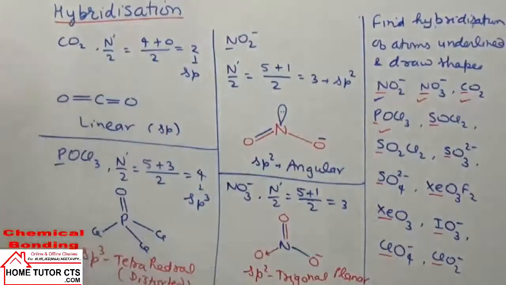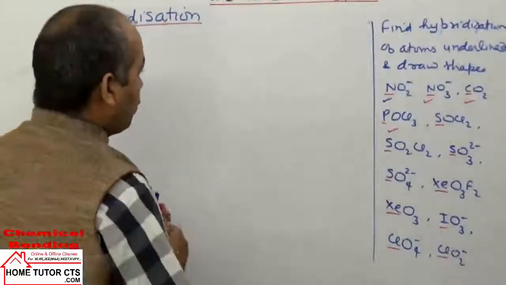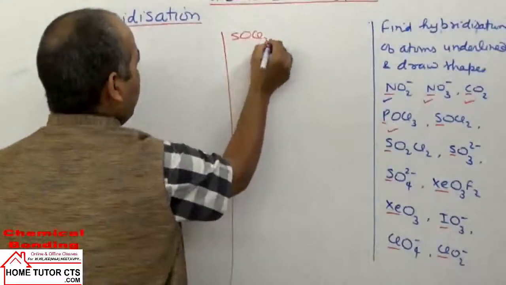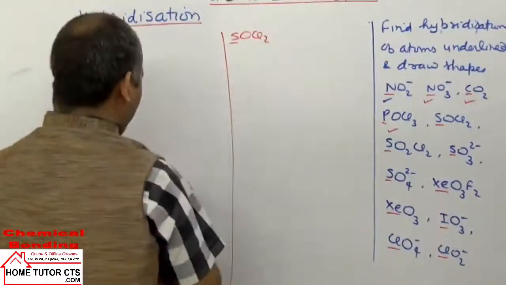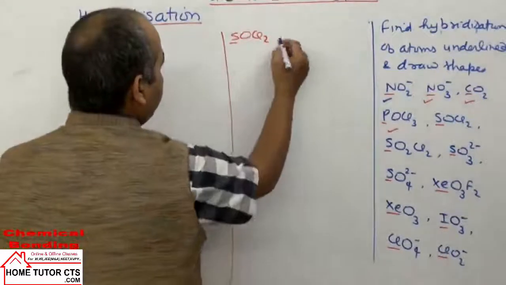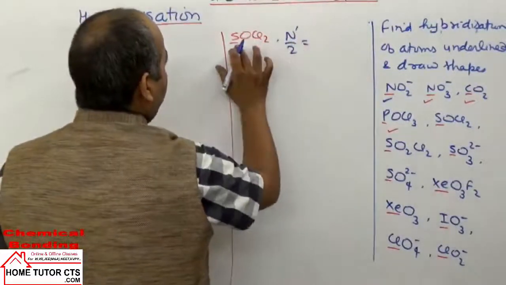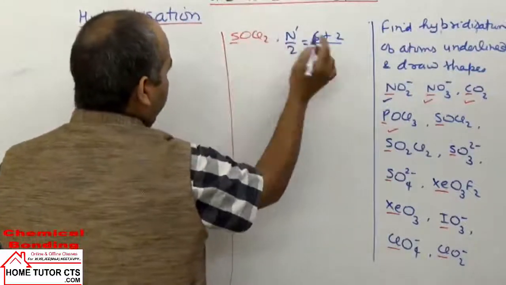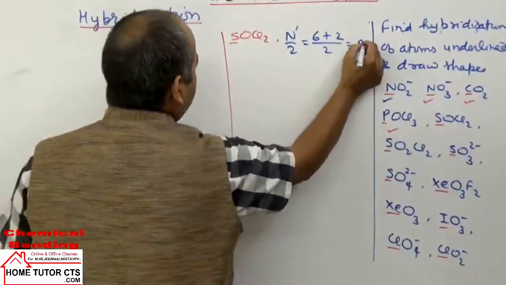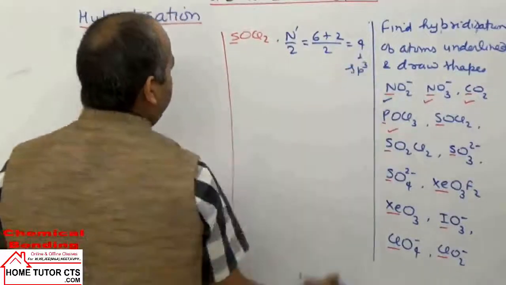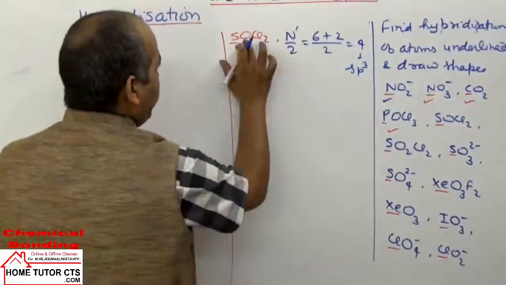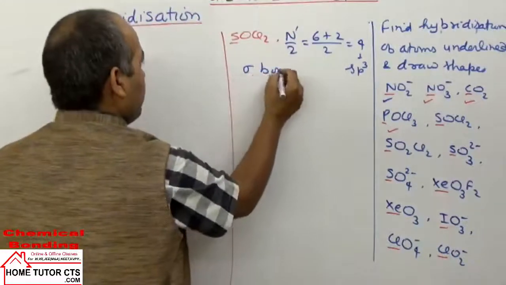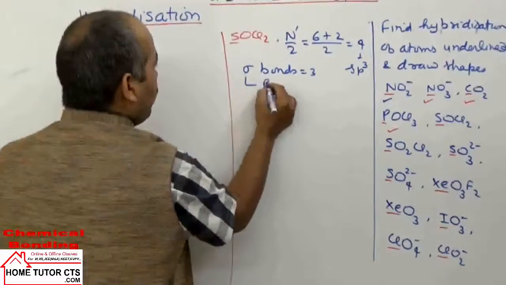Now next we can take the SOCl2 molecule. Sulfur is the central atom. What is the value of N dash by 2 here? Sulfur has 6 electrons in the valence shell plus 2 chlorine atoms, leaving oxygen being divalent, divided by 2. The number is 4, and 4 means hybridization sp3. With sp3 hybridization, it has 3 atoms only, so 3 sigma bonds, and then it will have 1 lone pair also.